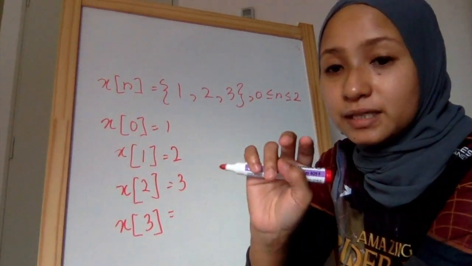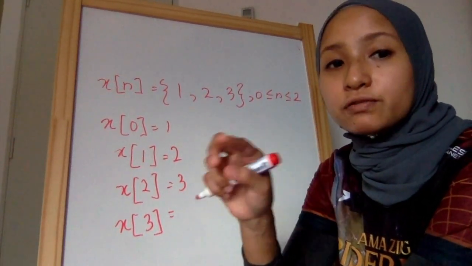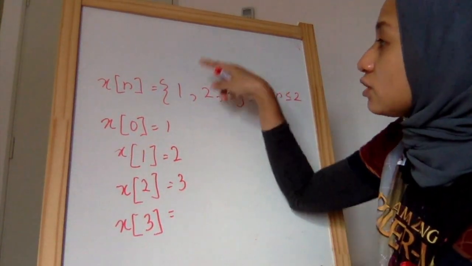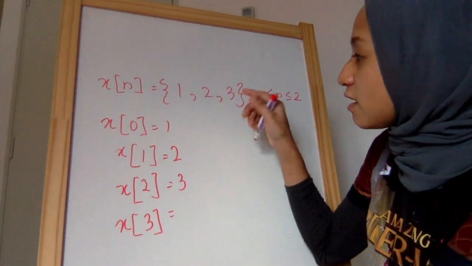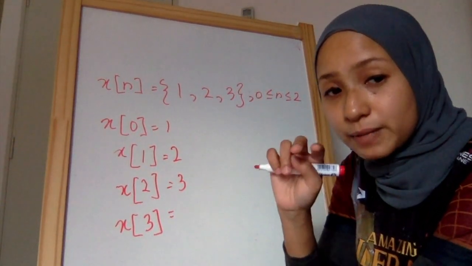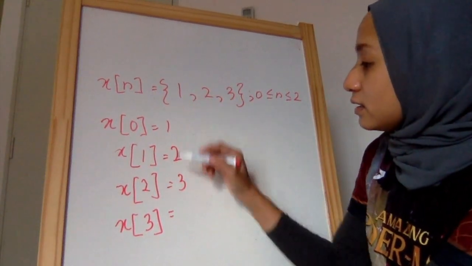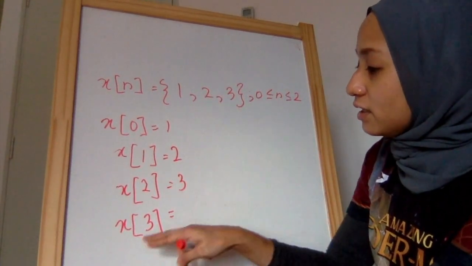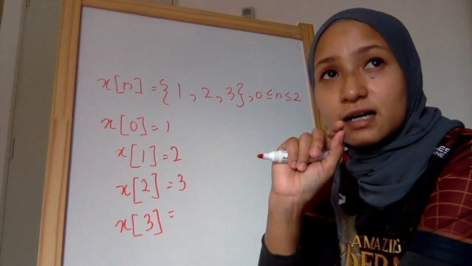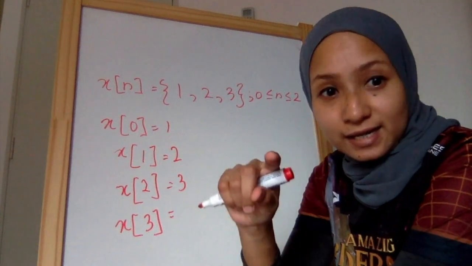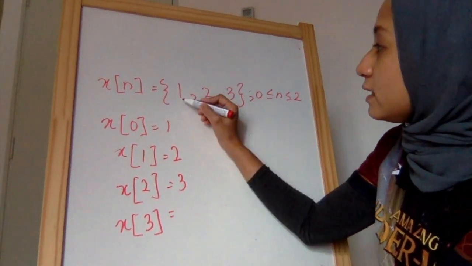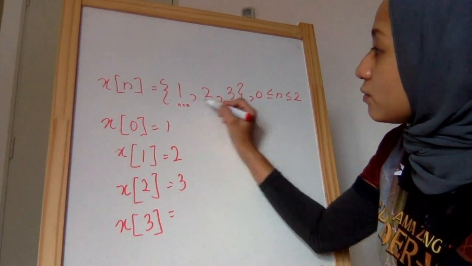This is the meaning of circular time shifting and circular frequency shifting. We need to circulate the values. Instead of using zero padding as in DTFT, your values will definitely not be 0 here. In DFT, you have to circulate the values. This is when n equals 0, 1, 2.